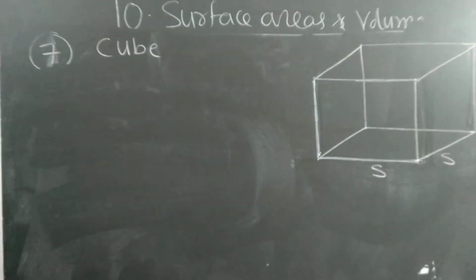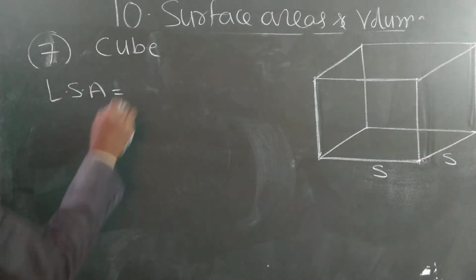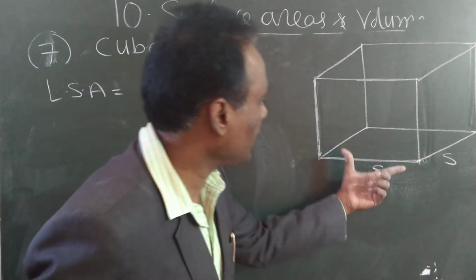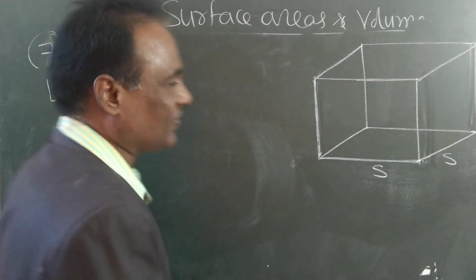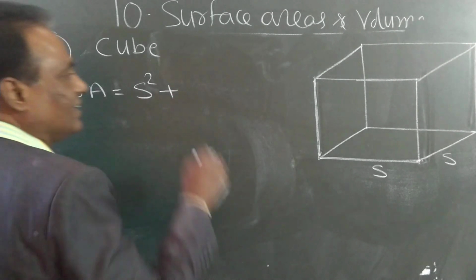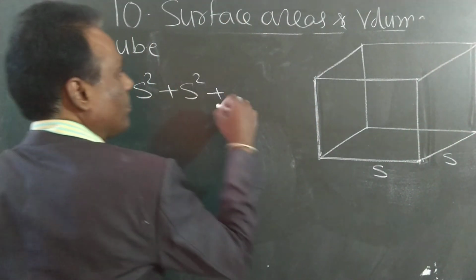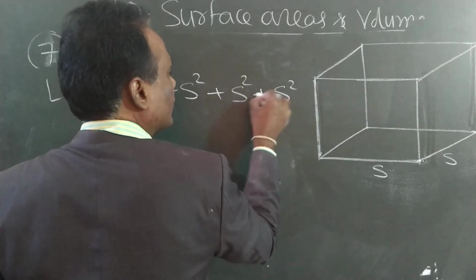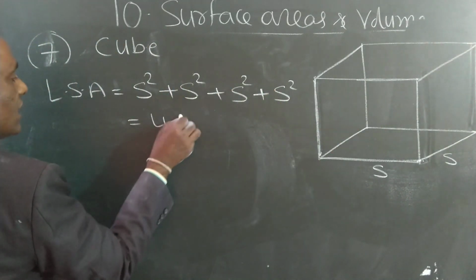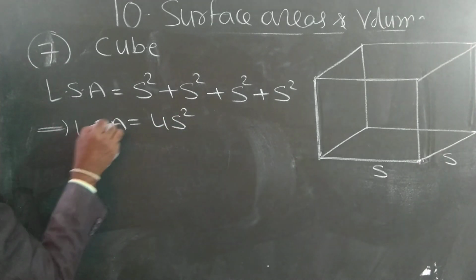In this case, lateral surface area: this face, length into breadth, that is S into S, S square. This side another S square, all are equal. Back side S square, this side S square. So the lateral surface area formula is 4S square. Remember this formula.